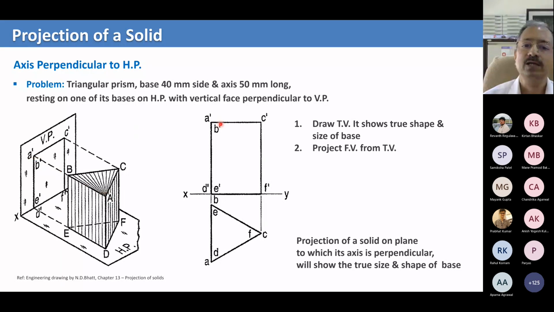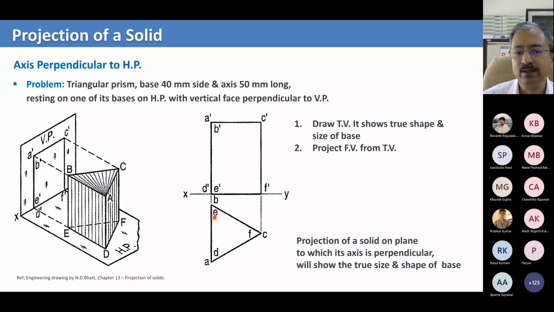A dash B dash is the same point, but C is a unique corner point, so you only see one there, and similarly in the top view you only see one point for C. Again, A and D are along a line perpendicular to the horizontal plane, so both A and D collapse into a single point, denoted by A and D in the same place. Once you know the positions of AD and BE in the top view, and C of course is a unique point, you join them and you get the projection of the entire solid.